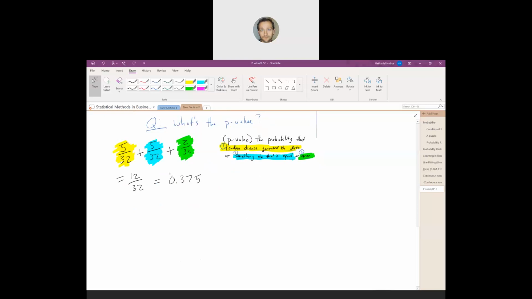And it's this number. The p-value will always be between 0 and 1 because it's a probability.